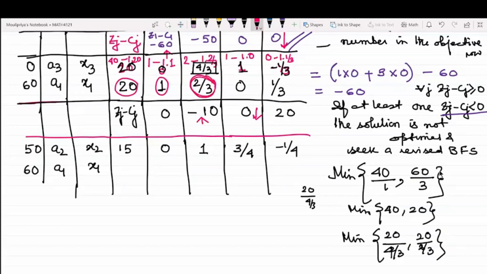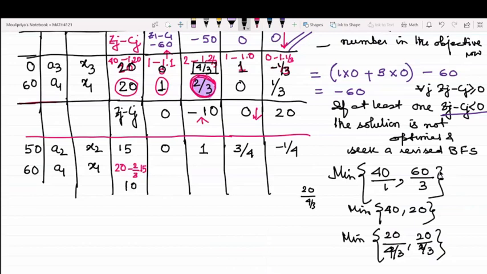How do we calculate the second row right now? This is the element with which the other elements would get multiplied, right? It was initially 20, minus 2/3 into 15. Am I okay with this? So the value becomes 10.